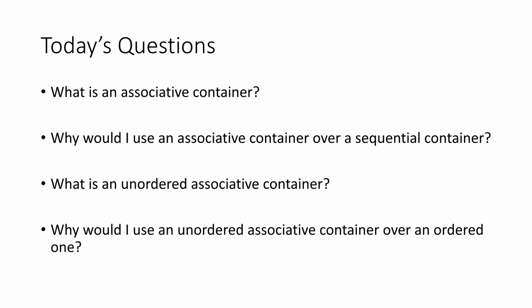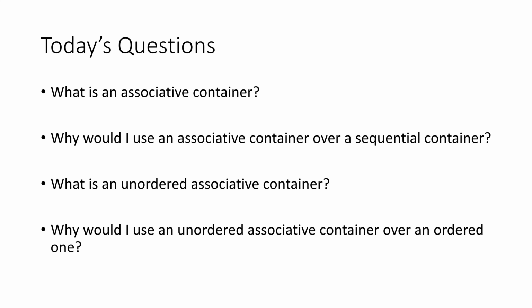Okay, there's a sequence, they maintain that sequence. There's another broad type of container called associative containers, where you don't put them in in a sequence and expect to get them back out in that sequence. Instead, you want to look them up by a key, right? By essentially their contents.